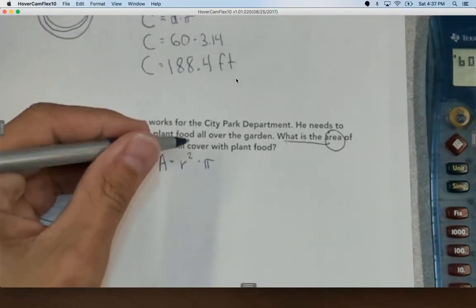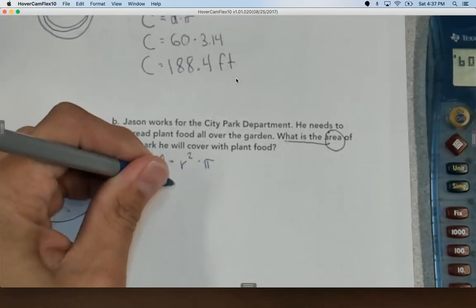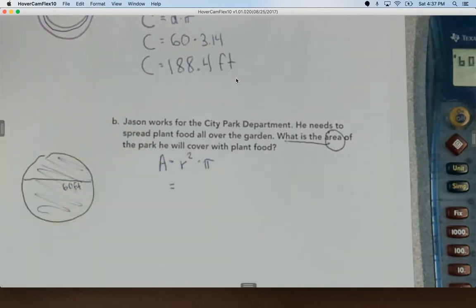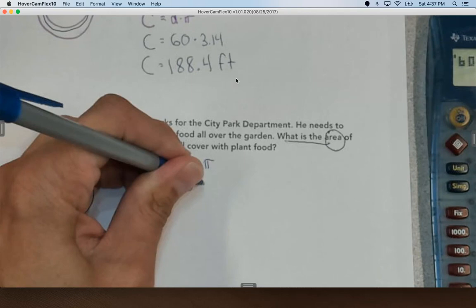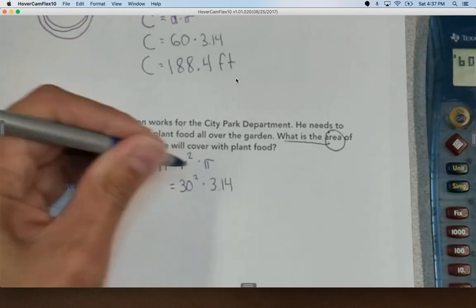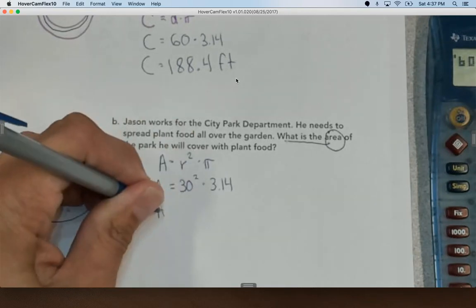For this one, I have to make sure I don't get messed up. If the diameter is 60 feet, then the radius is going to be half of that. It's going to be 30 feet, and so it's going to be 30 squared times 3.14 for the area. That is going to be 900 times 3.14.